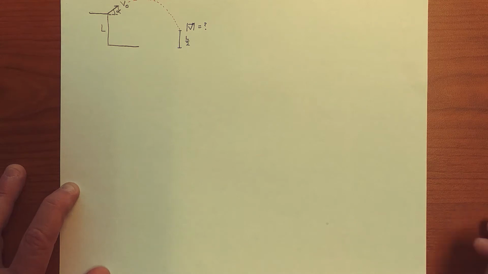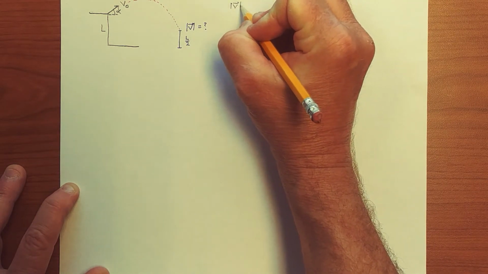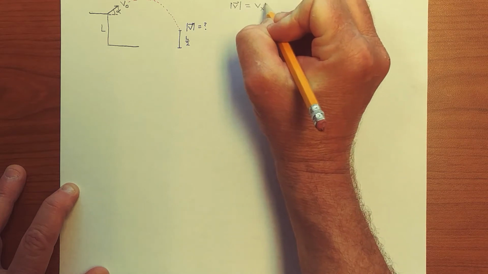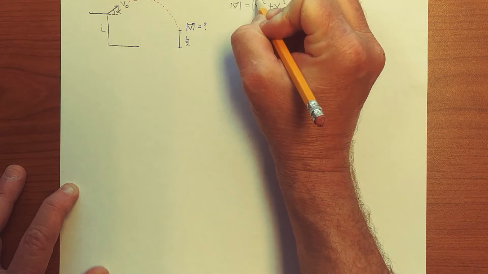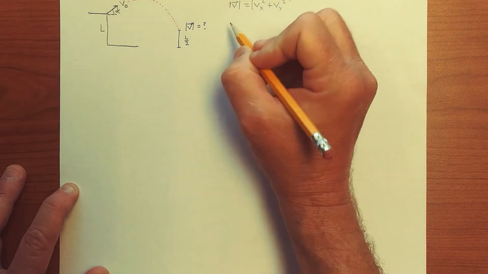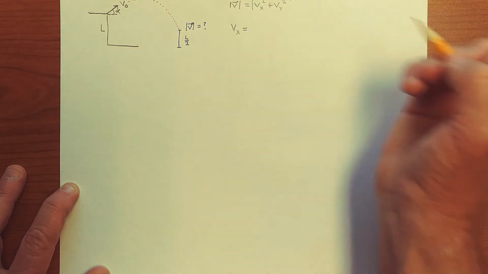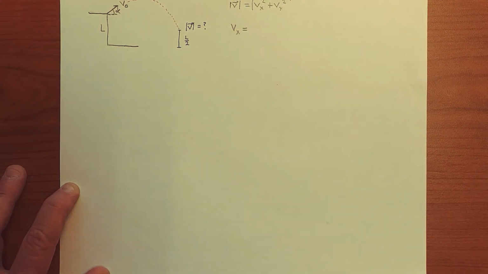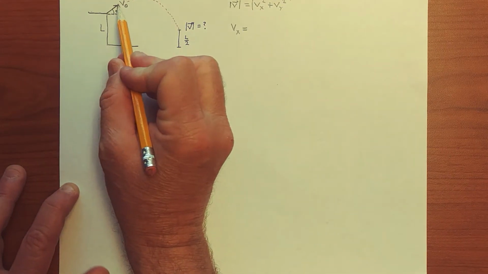So, right, the speed, of course, is the square root of Vx squared plus Vy squared. And the Vx component is unchanged because there's no acceleration in the horizontal direction. So it's just the horizontal component of this.